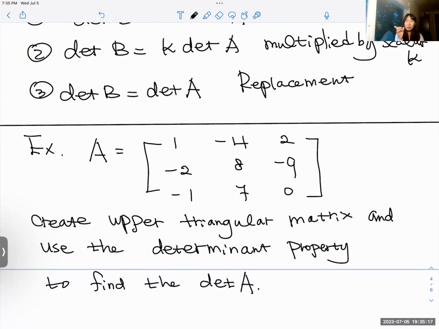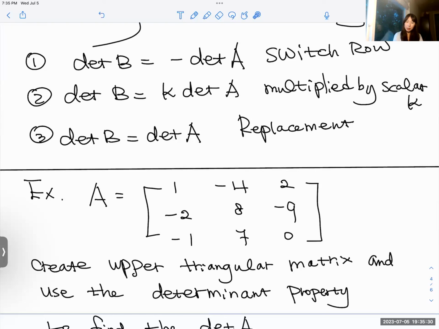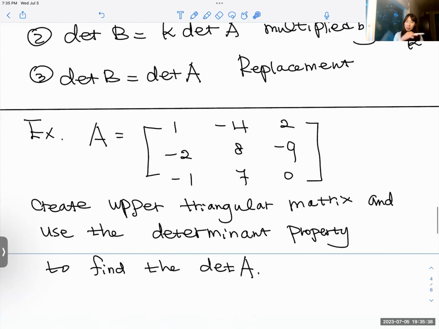Okay, so our goal is we want to make an upper triangular matrix for this one. And then we are using these properties. And at the end, we are using the product of the diagonal numbers. Okay, so it's a little complicated. Okay, we want to make a 0 in this case.